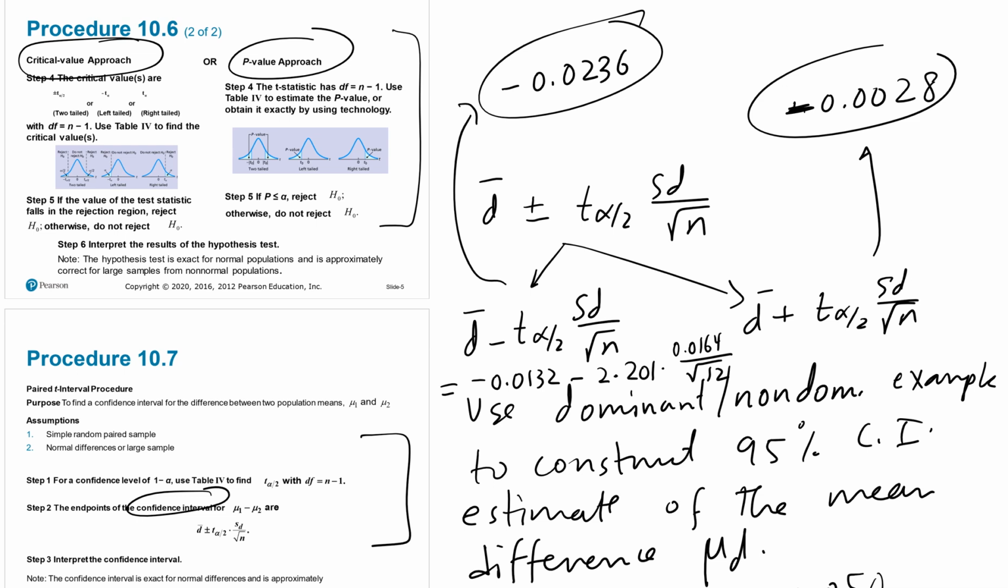If we reject it, this means there's enough evidence to support the claim. Otherwise, there's not enough evidence. And then the other thing to know is how to find the confidence interval. You always find t sub alpha over 2 using table 4. As n and d bar are always calculated from the previous part, you just have to substitute and run some calculation.